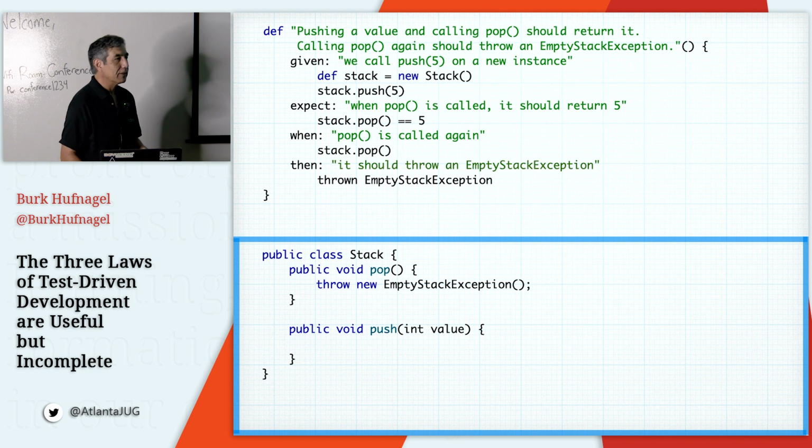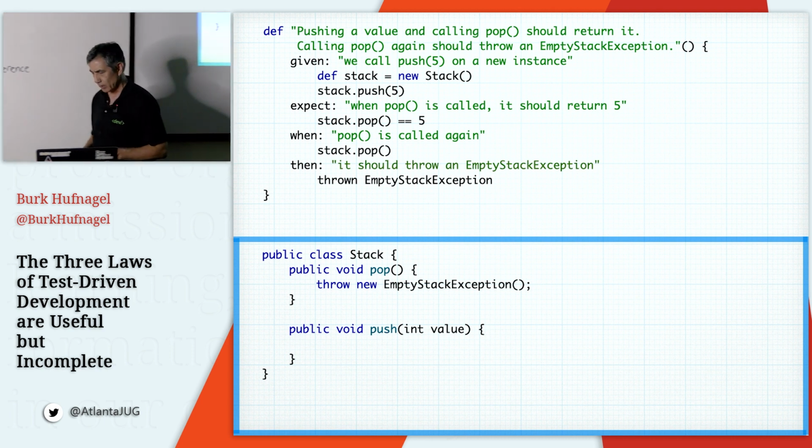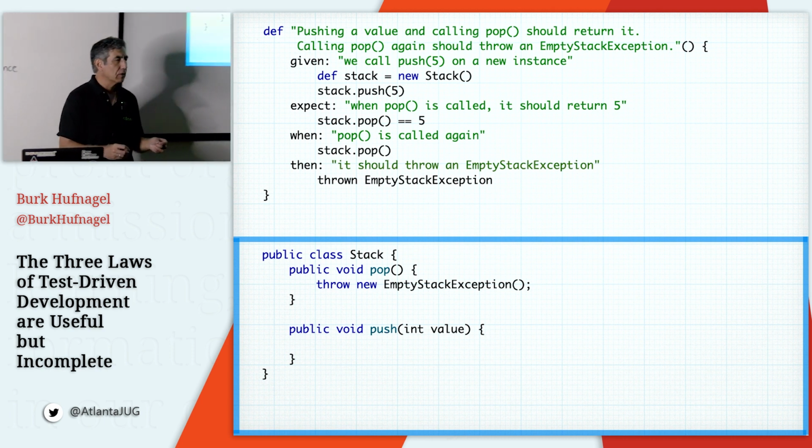Are we violating one of the commandments by testing two things? Which two things? We're testing that the first pop returns 5 and that the second one throws. So isn't that heresy in TDD? Okay. Yeah, there are some people who believe that a test should only have one assert, right?